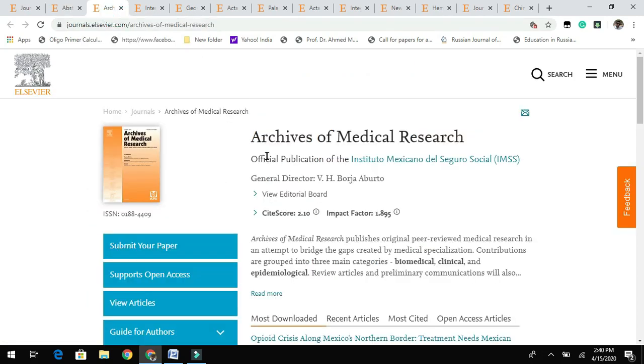So next comes Archives of Medical Research. It has an impact factor of 1.8, and Archives of Medical Research publishes original peer-reviewed medical research related articles with three main categories: biomedical, clinical, and epidemiological research.